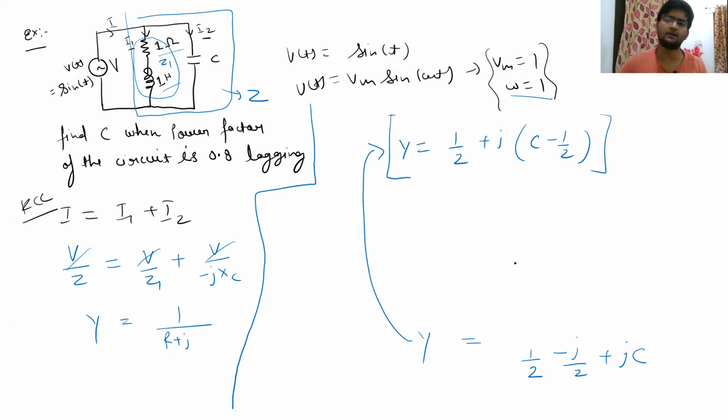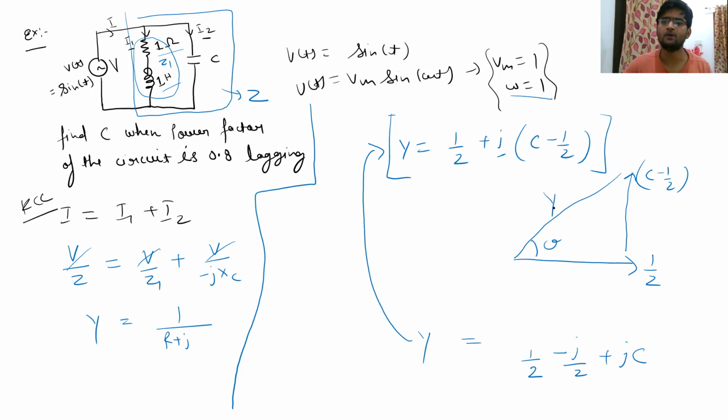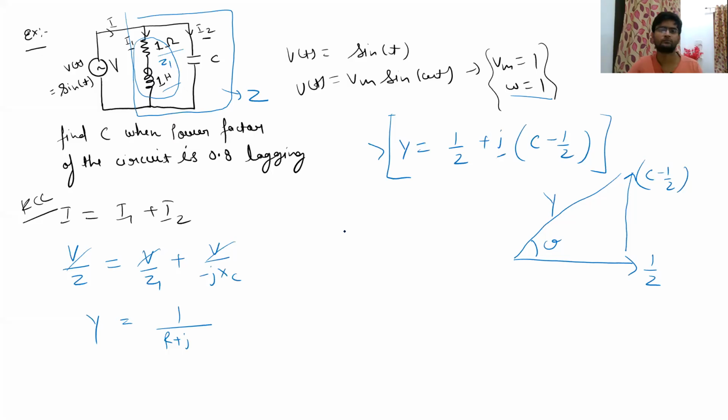From the previous discussions, if we draw the phasor diagram of y, this will be our 1 by 2. This will be our c minus 1 by 2, since it is having this plus j component, and this final thing will be our y, right? Now, since it is said that the power factor is lagging and its value is 0.8, we can say that cos theta is equal to 0.8.